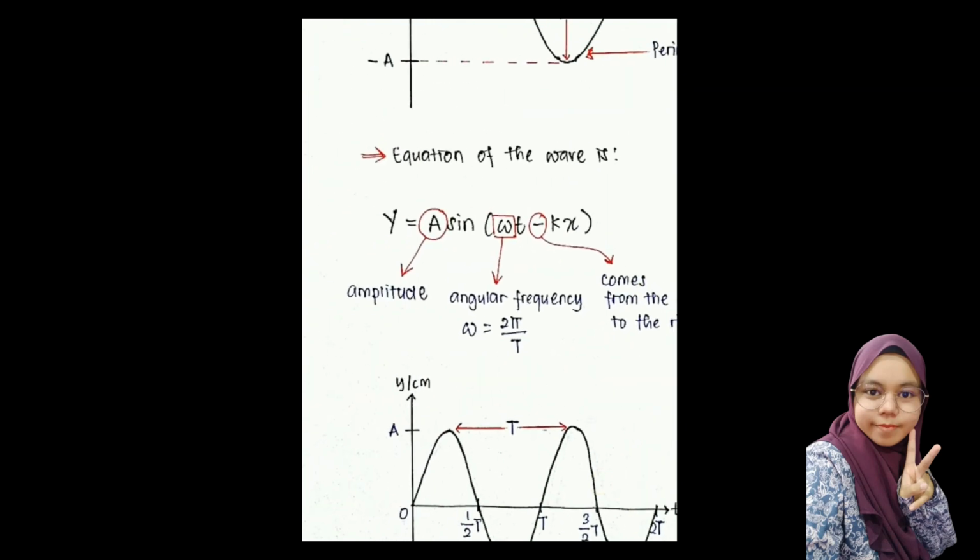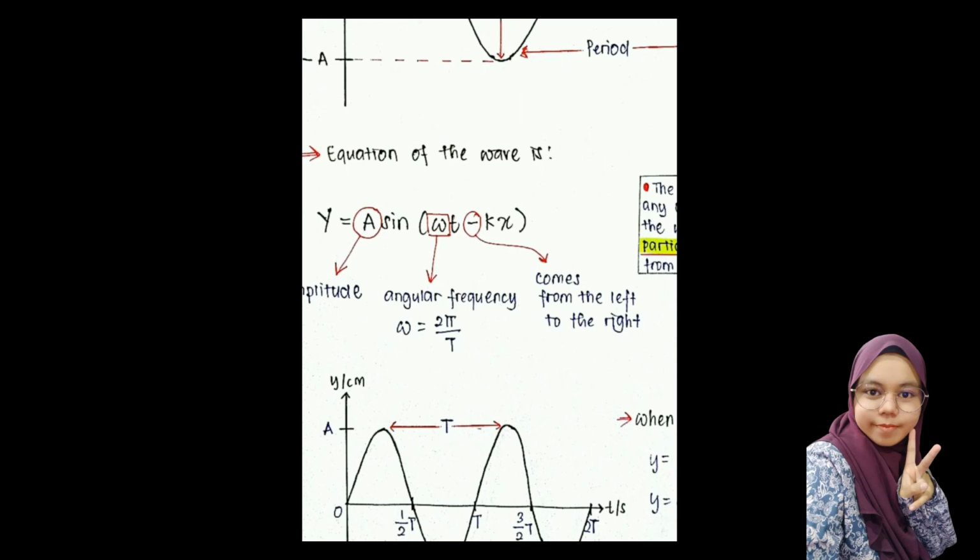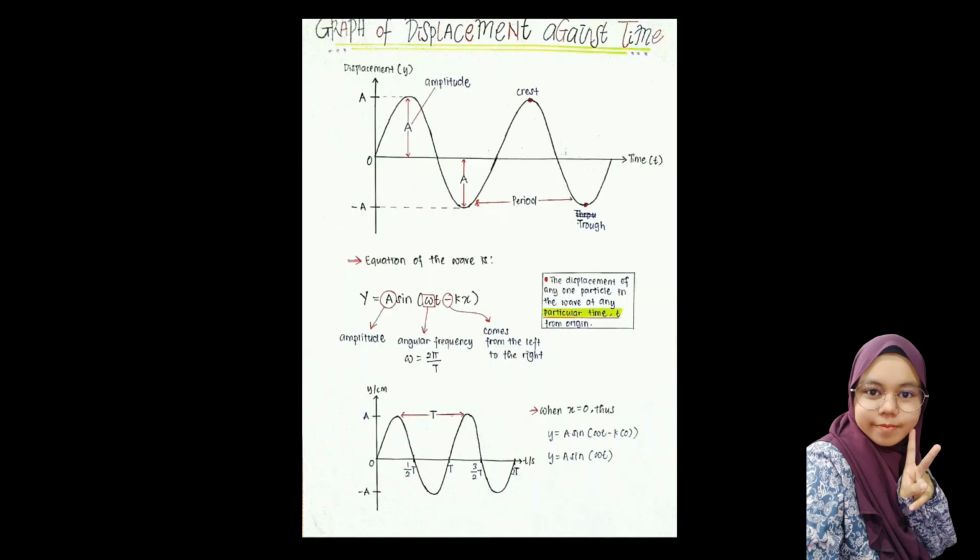The unit of displacement is always cm, and the unit of time, the period, is second.